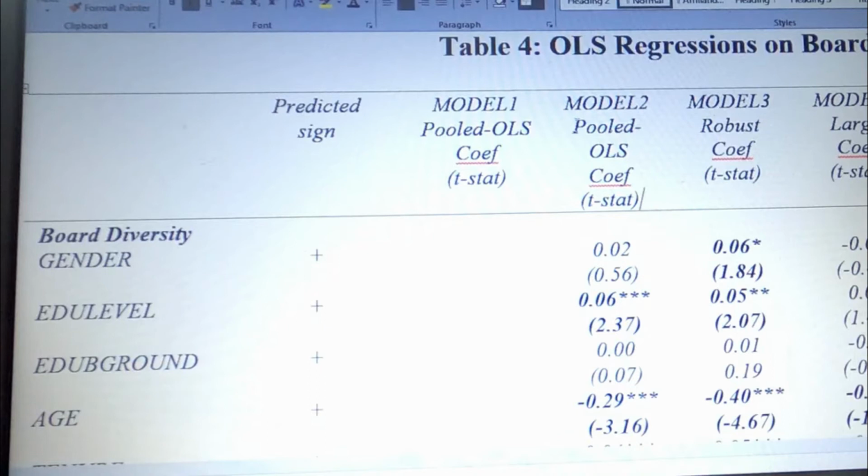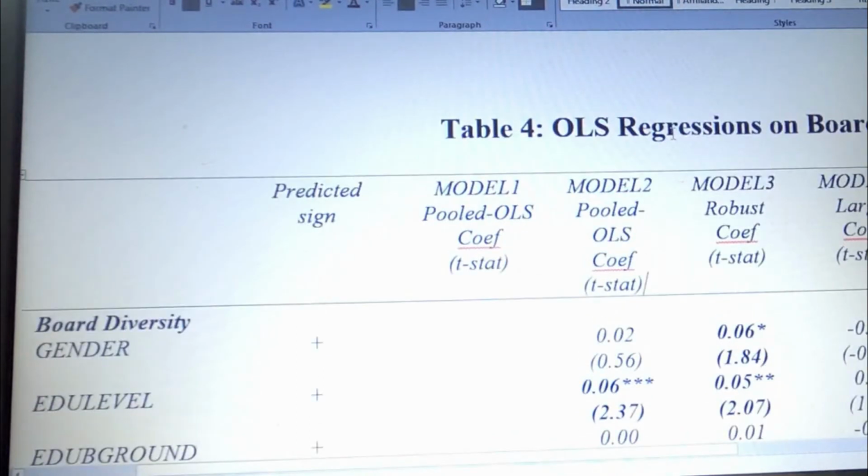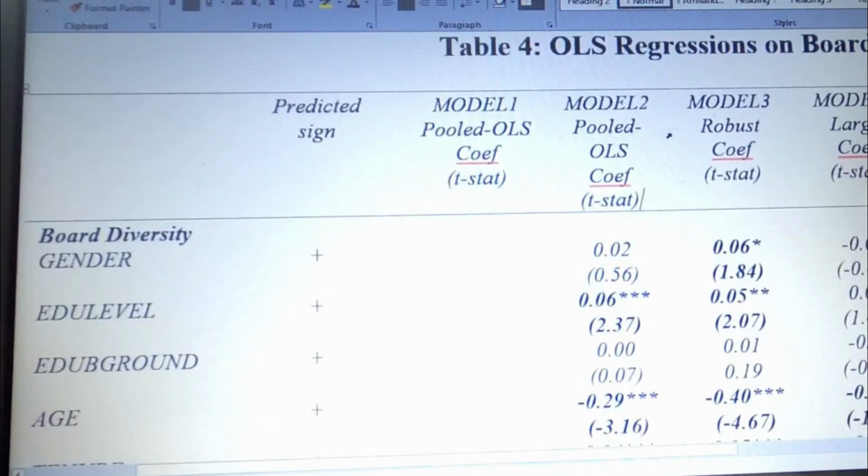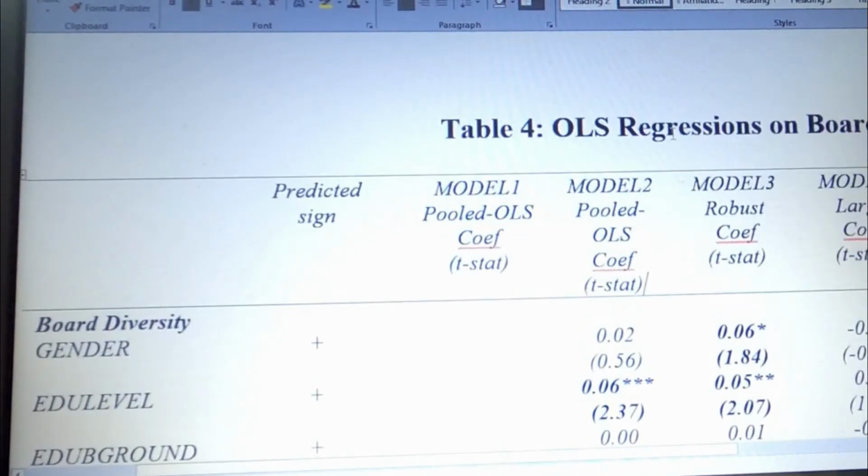In this video, I'm going to explain how you can interpret the interaction terms in corporate governance research. This is the example that I have in hand, where in this regression table, you can see the result of OLS regression on board diversity and CSR.